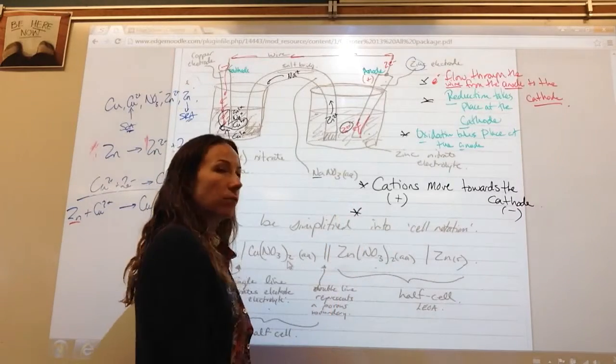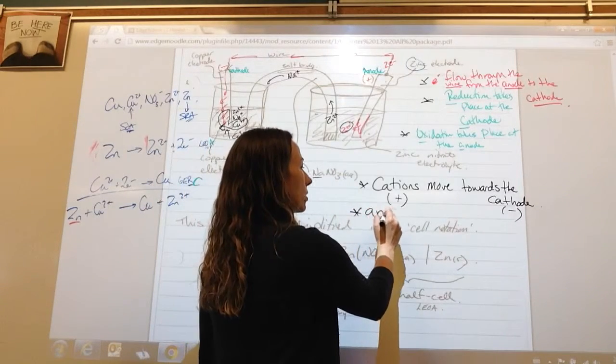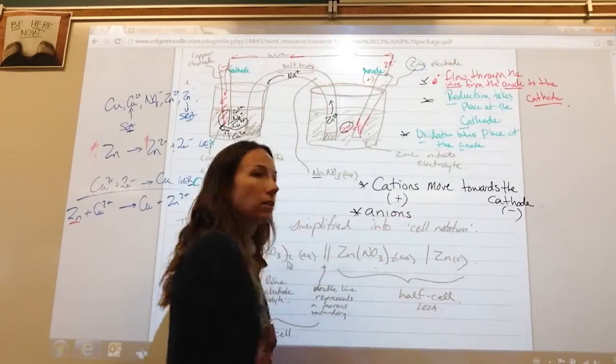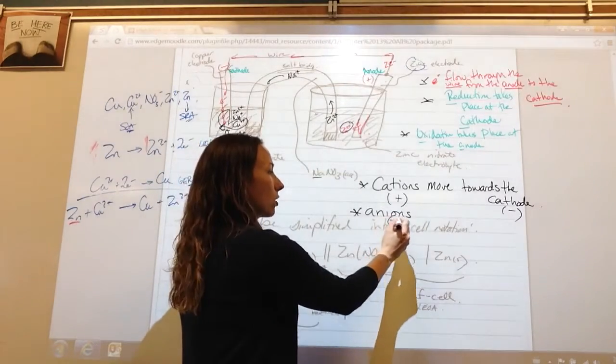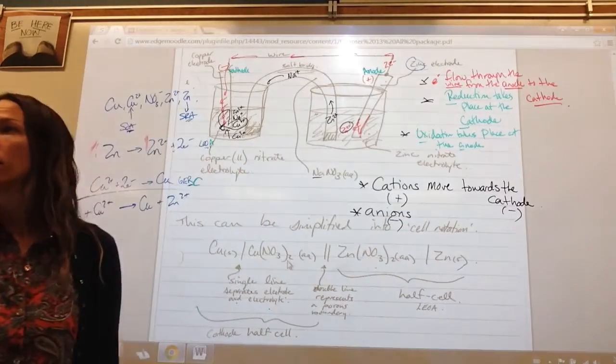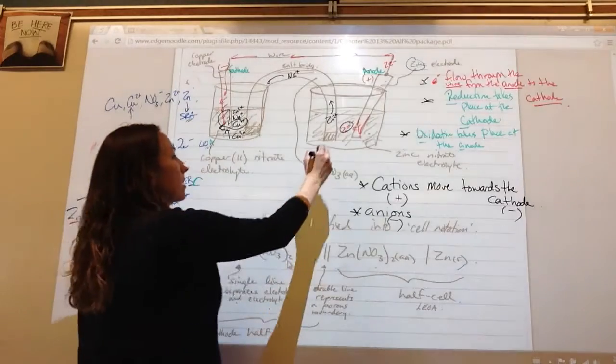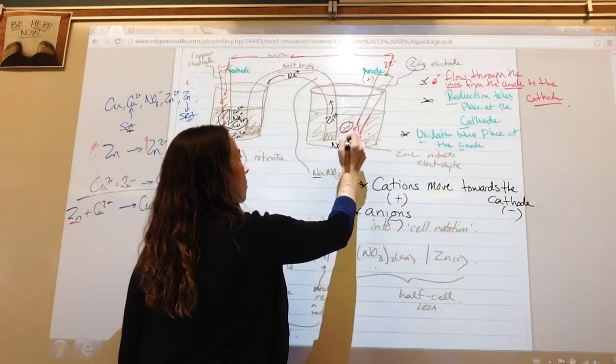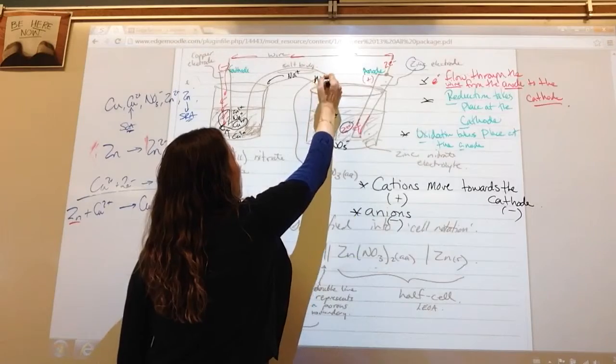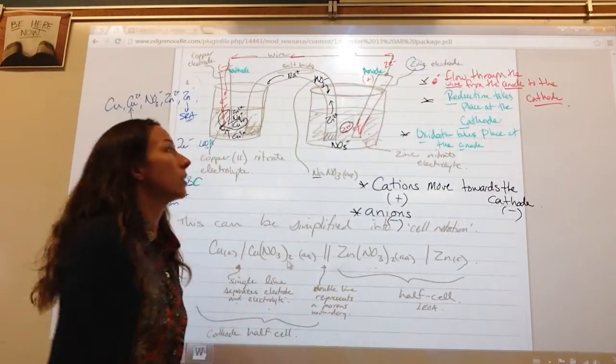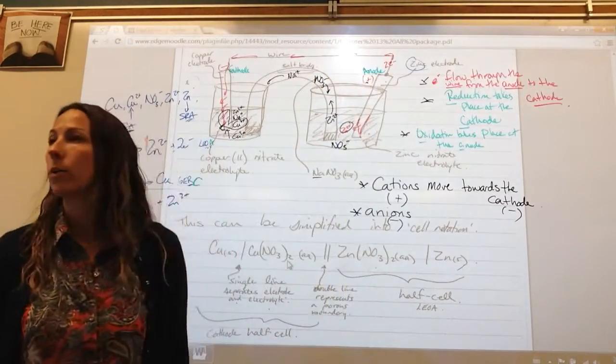And then Nick's just made an observation. Hey, what about those anions, which are negatively charged? What anions have I got? NO3 minuses. I've got them everywhere, but I only have NO3 minuses. Wouldn't they be attracted to the positive anode?